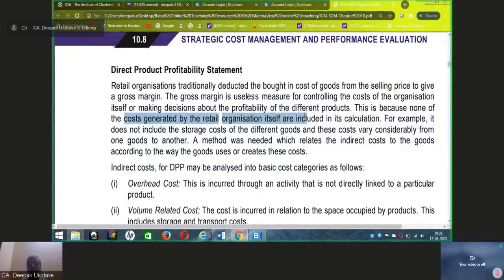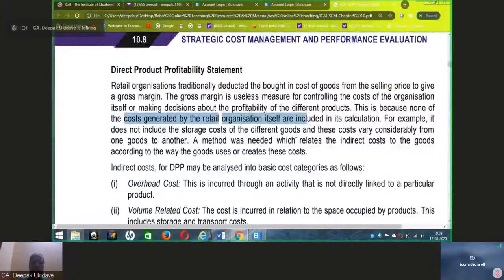Because the costs incurred by retail organizations, like warehousing, transportation, supply chain and logistics, were not captured in the earlier traditional profitability statement of the product.